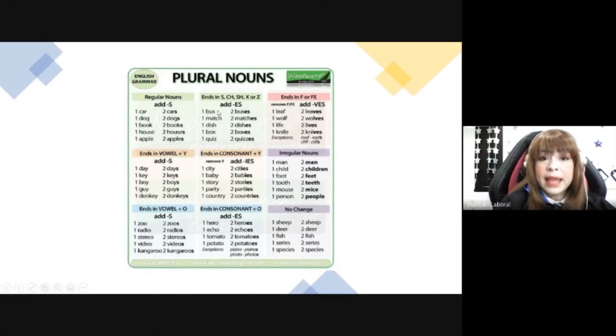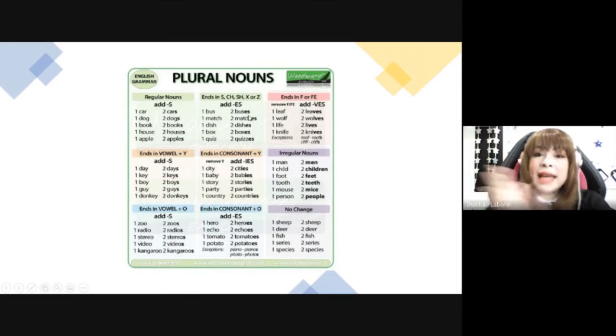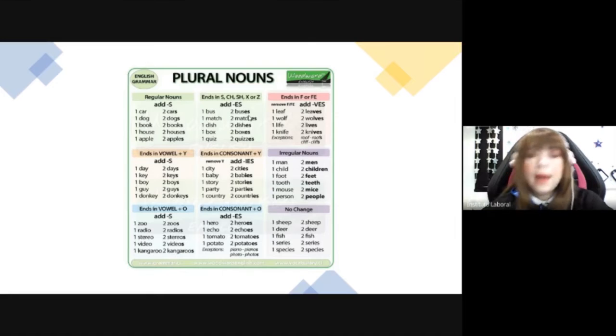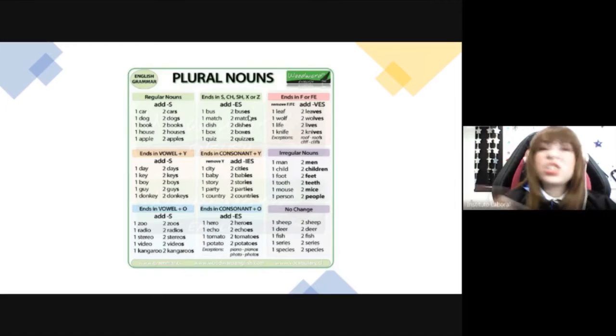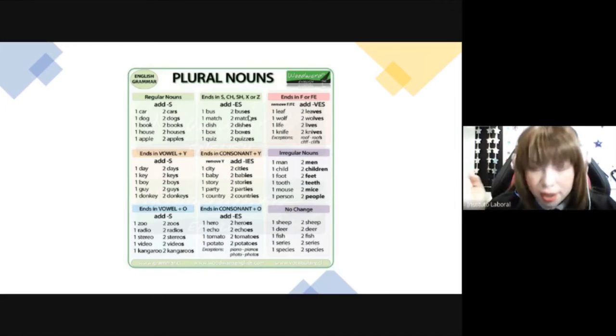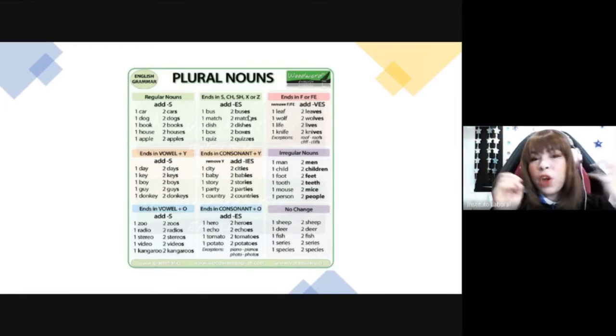Then we say 1 bus, 2 buses. We add an extra syllable. Buses. Why do we need that? Because the reason is pronunciation. It improves the pronunciation. It's very difficult to say busses. That's impossible. So for better understanding, we add the extra syllable, es.